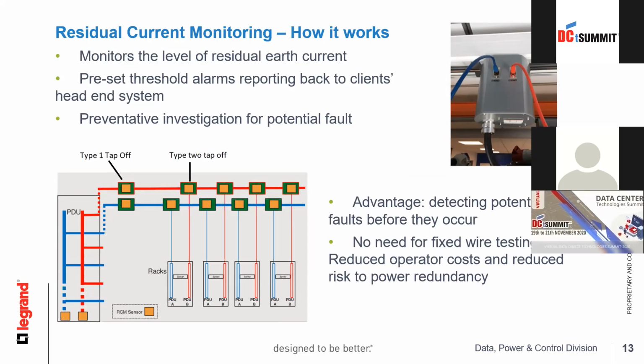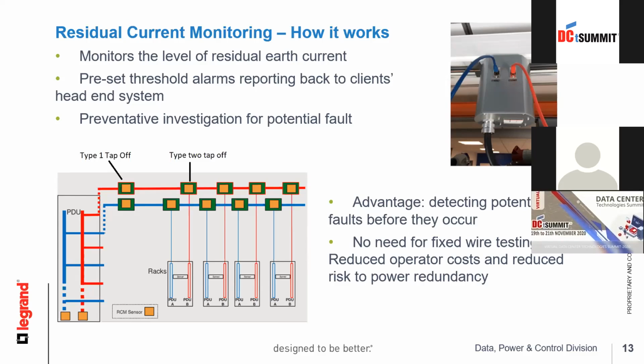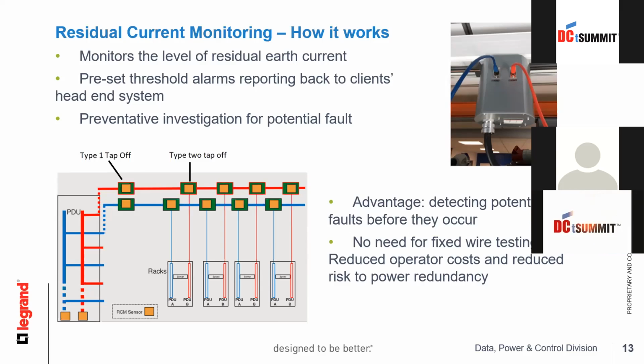You don't need any fixed wire testing. This reduces the operating costs and reduces risk to power redundancy. And as part of the Starline metering solution, we provide the residual current monitoring. So this is an important tool that can be useful in ensuring reliable power distribution within the data center.